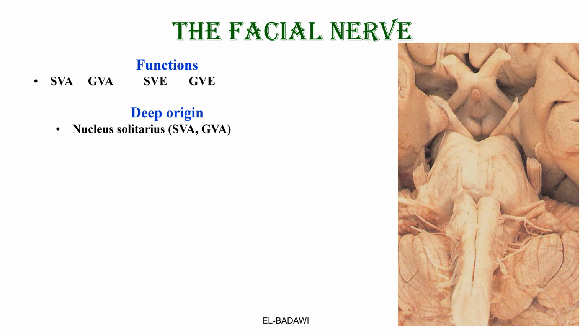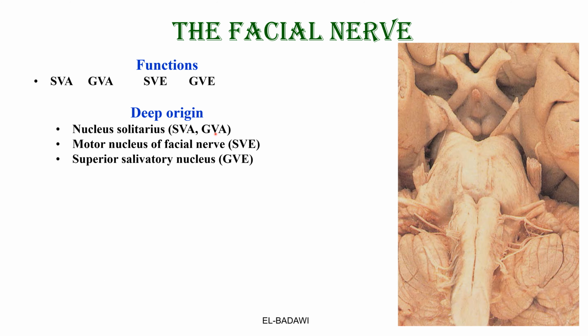The deep origin is from nuclei: the nucleus solitarius, which receives the special visceral afferent and general visceral afferent fibers; the motor nucleus of the facial nerve, the motor nucleus for the structures supplied by the facial nerve; and the superior salivatory nucleus, which gives parasympathetic fibers to all the glands of the head and neck except the parotid.